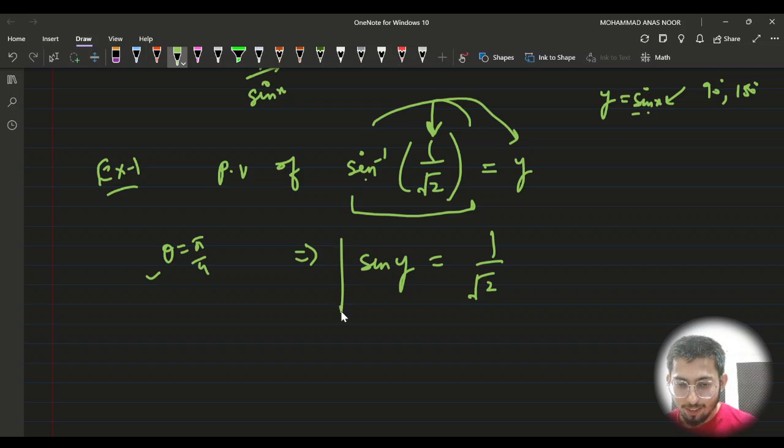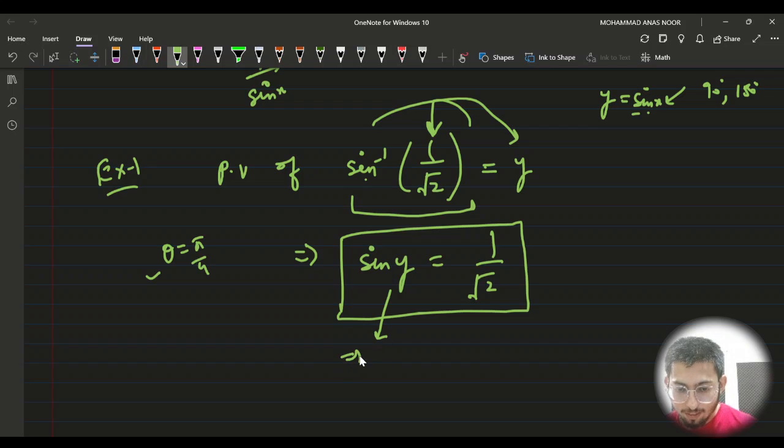It is just how you read it. Now it is some value of y, which should be some angle, because in sine you put in some angle which gives some value, sine y. You have to find that y.